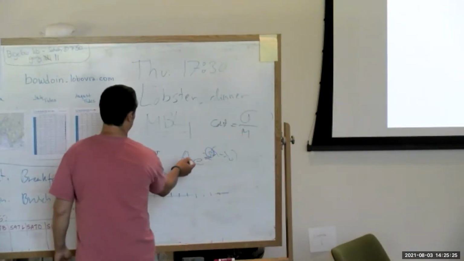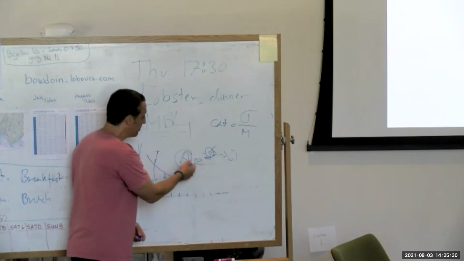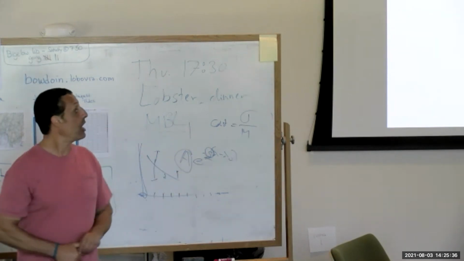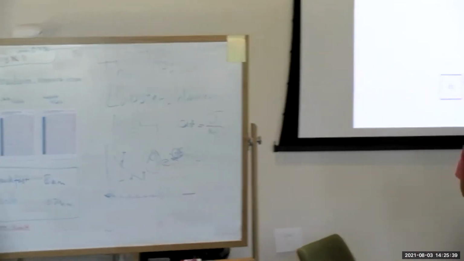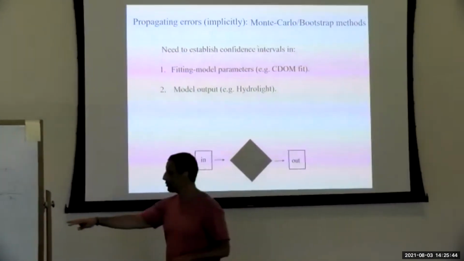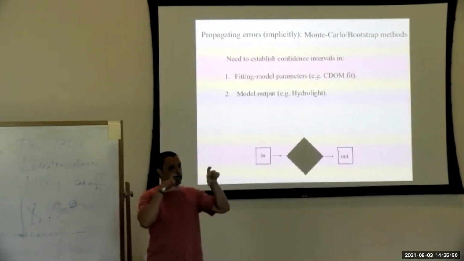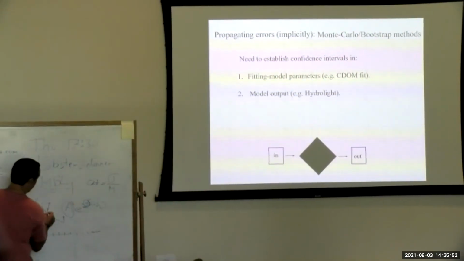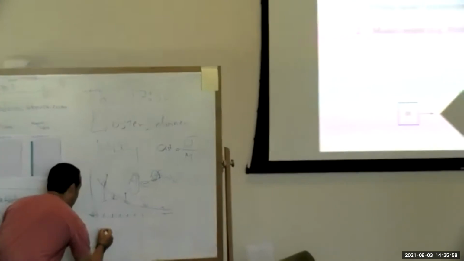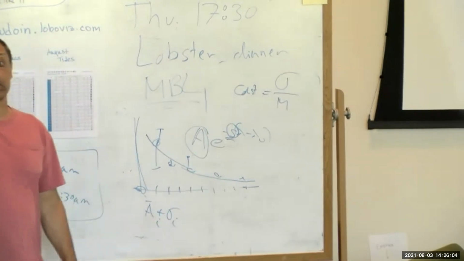In absorption, in the base value, you might say, oh, I know something about how variable my absorption is in my measurement. It's probably some average uncertainty, but the slope is much harder. So how would I do it? One way is, if you know the noise of your instrument, because you're measuring at every wavelength, you can, for each wavelength, take a mean or median value plus your variability around it.